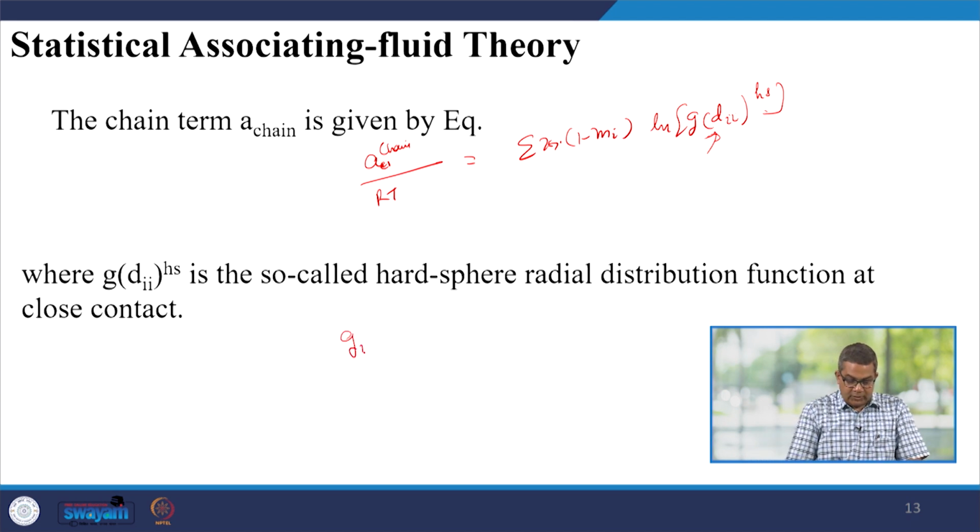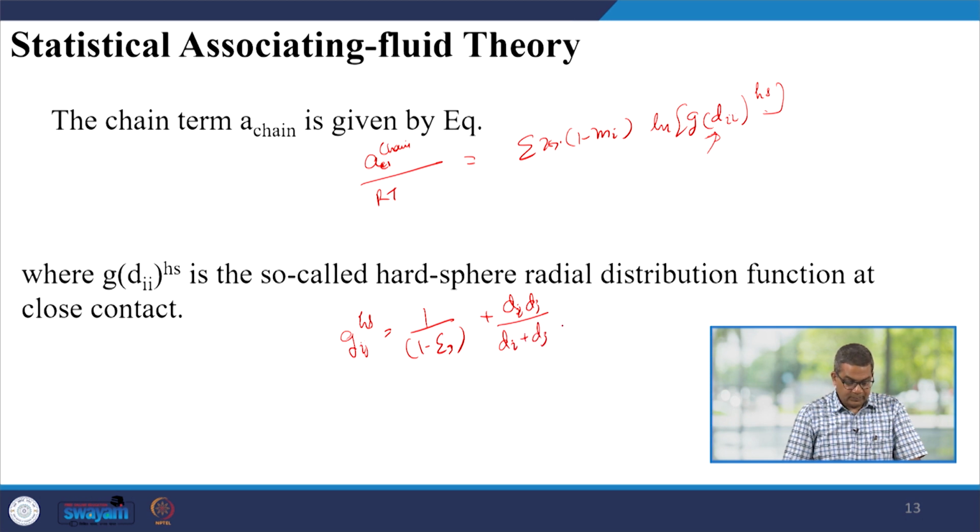Now this g ij hs is equal to 1 over (1 minus eta), plus di dj over (di plus dj) times 3 eta over (1 minus eta) squared, plus (di dj over di plus dj) squared times 2 eta squared over (1 minus eta) cubed.